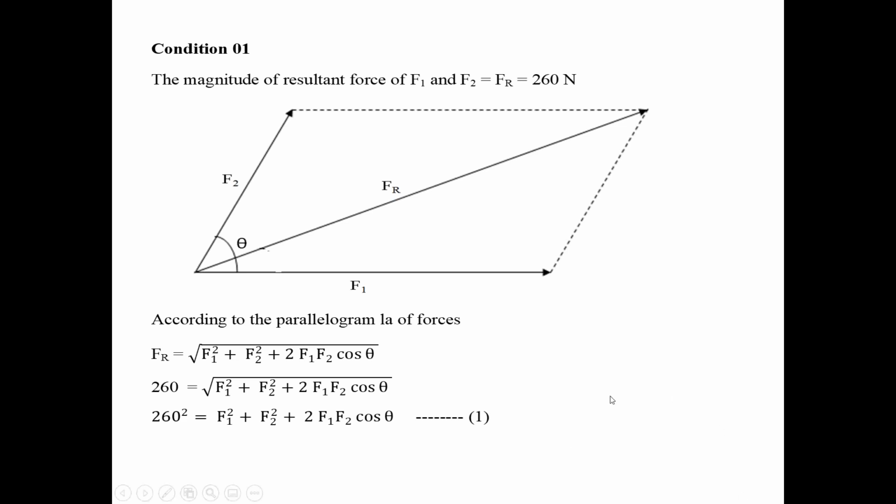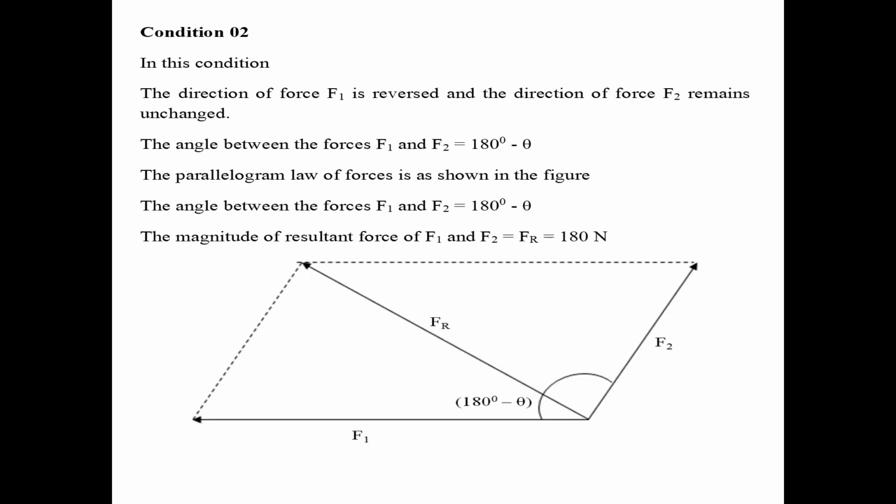Coming to the second condition. What is there in the second condition? We reverse the direction of force F1. The force F1 direction is reversed. This is the parallelogram for the second condition. So please check that diagram. F2 is as it is, no change in the direction of the second force, but the first force direction is reversed.